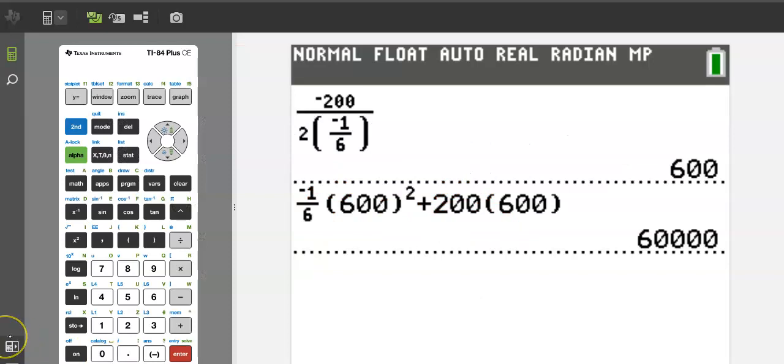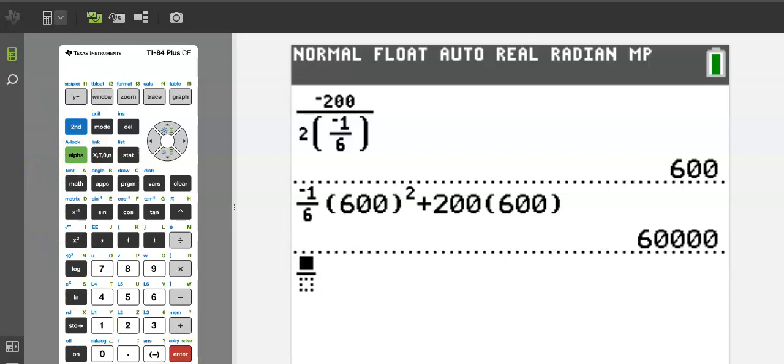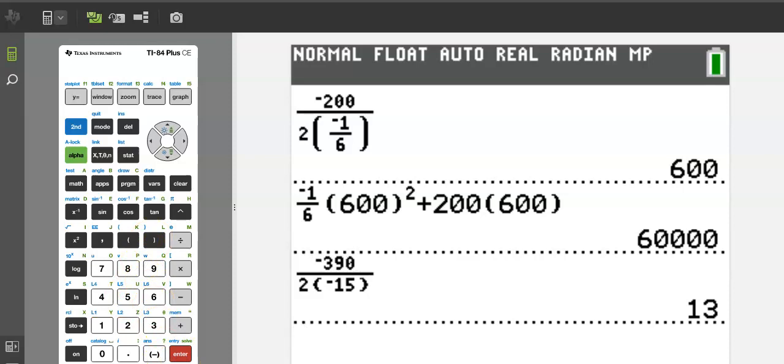So calculator, where's our fraction key? Alpha y equals, what's my top value? Negative 390. What's my bottom value? Parenthesis, close it, boom. So, how long does it take to reach the maximum height?